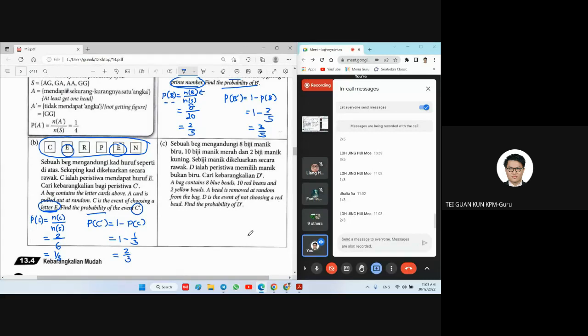Find the probability of D prime. So we have to find the probability of D. The probability of D equals the number of D divided by the number of sample space. What does D stand for? D stands for not choosing a red bead. Not choosing red. So choose which colour?